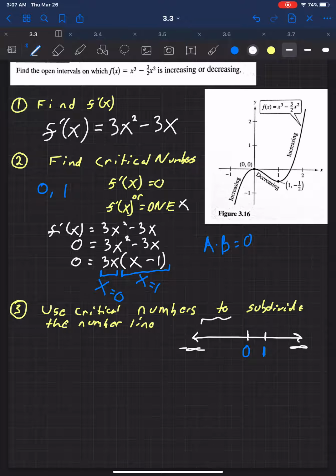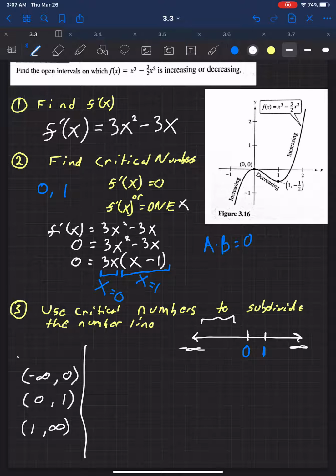You would have a piece from negative infinity all the way to 0, then a piece from 0 to 1, and then a piece from 1 to infinity. This is what I mean by subdivide our number line.